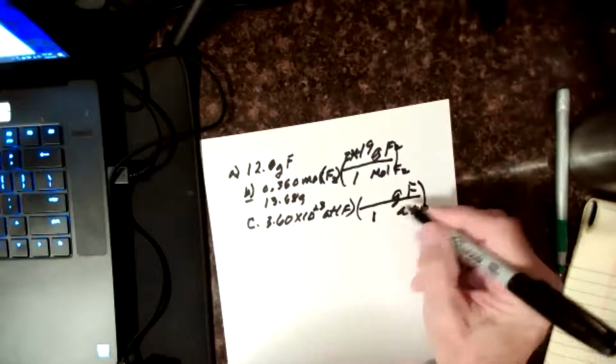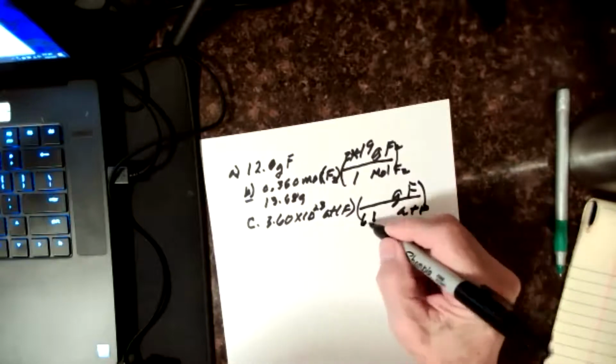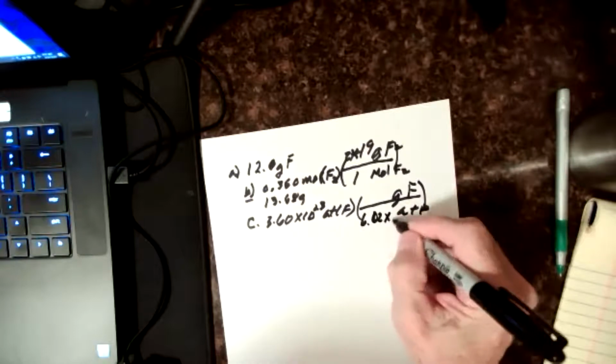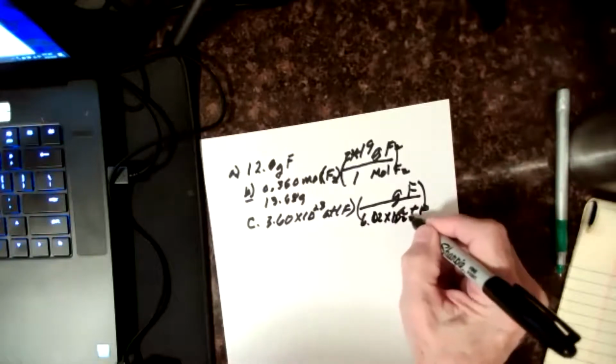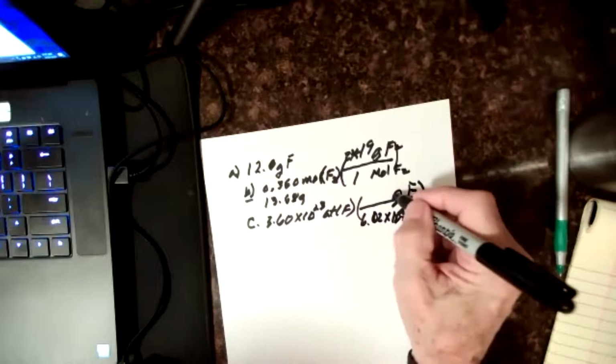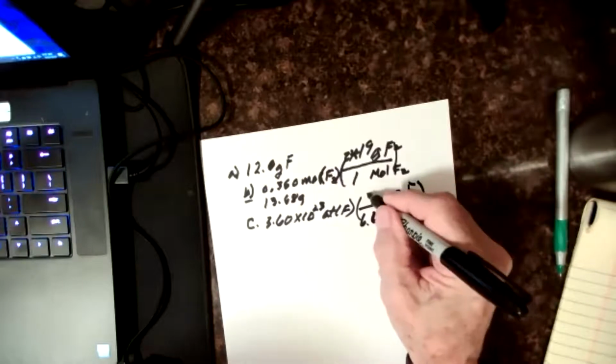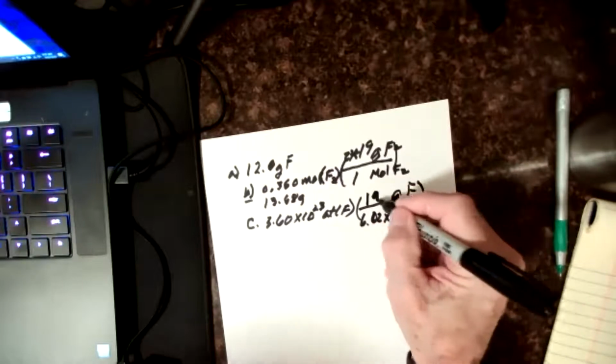So if I had 6.02 times 10 to the 23rd atoms, that would be 1 mole of fluorine, which would be 19 grams.